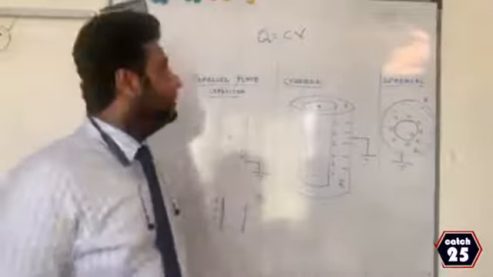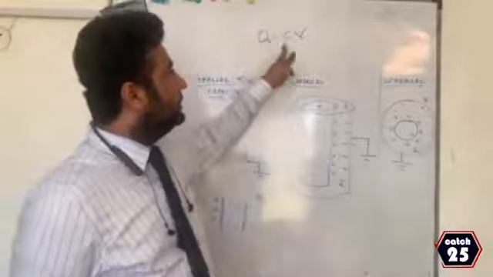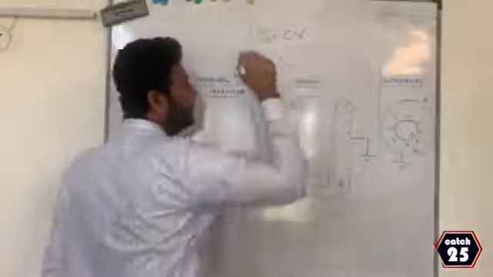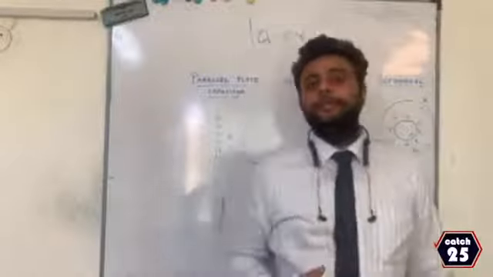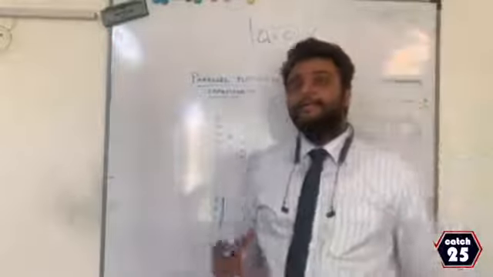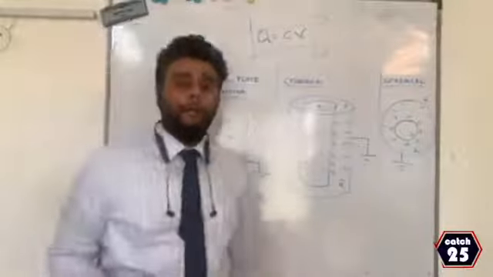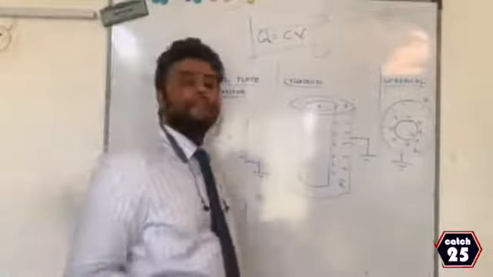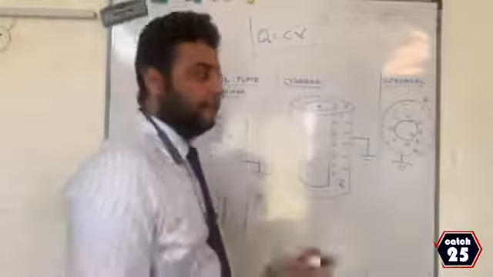Therefore, I have three terms: Q, C, V. This is the main formula for a capacitor. Q is equal to CV, where Q is the charge, C is the capacitance, and V is the potential of a capacitor. What is the unit of capacitance? Unit of capacitance is farad, denoted by capital F.